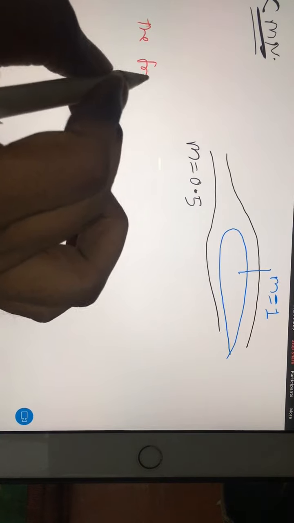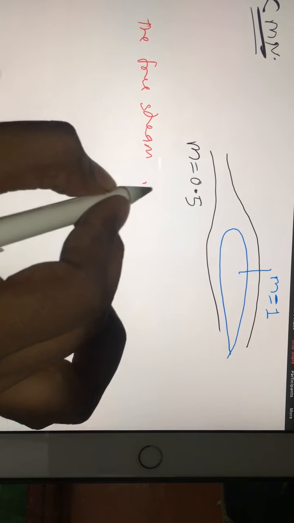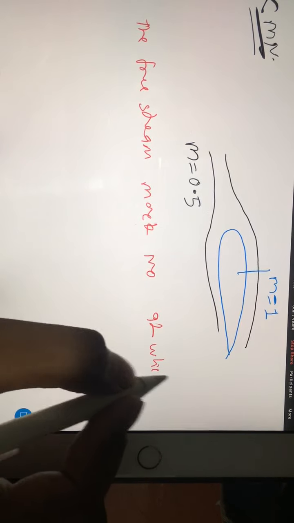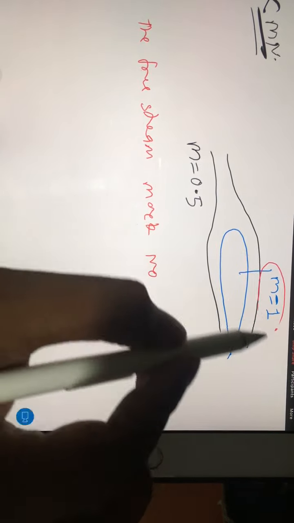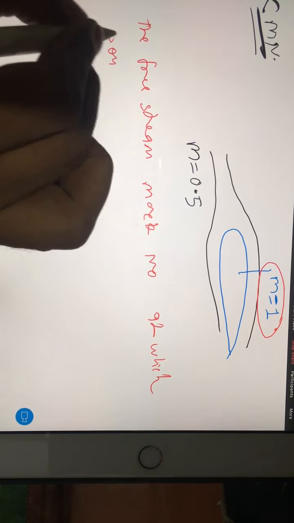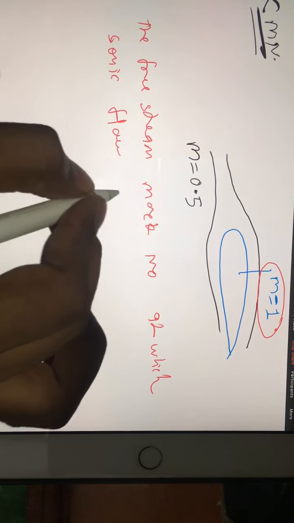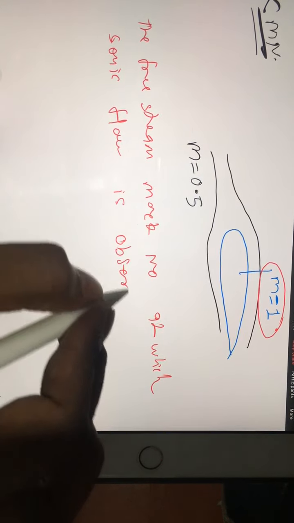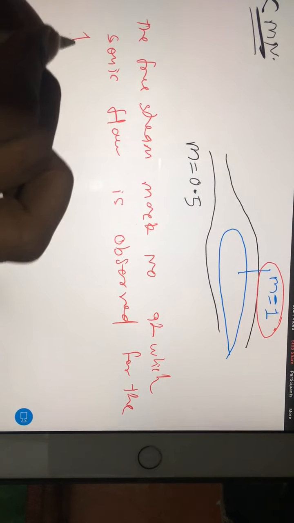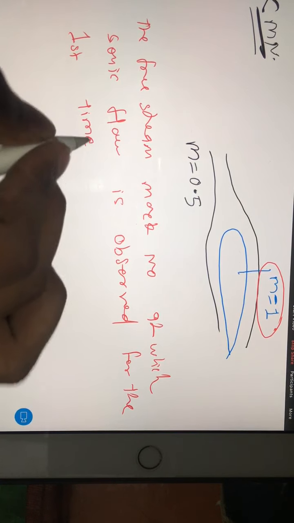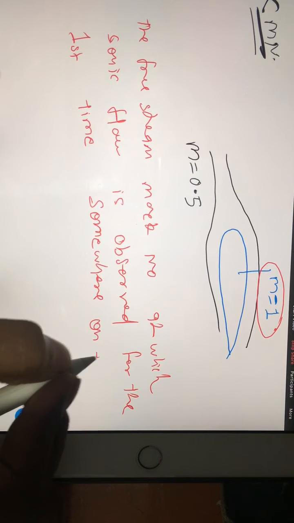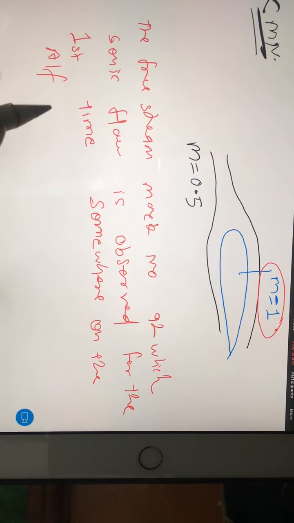The free stream Mach number at which Mach equal to 1, sonic flow, is observed for the first time somewhere, we are not sure where, somewhere on the airfoil.